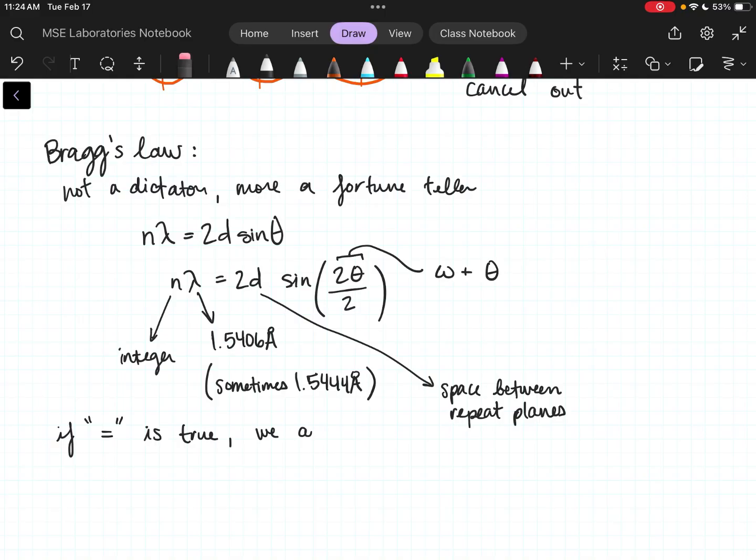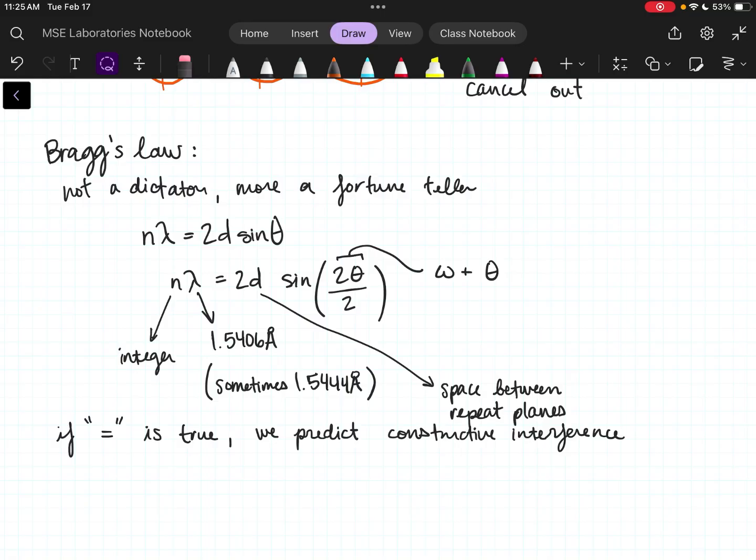If the equal sign is true, we predict constructive interference.